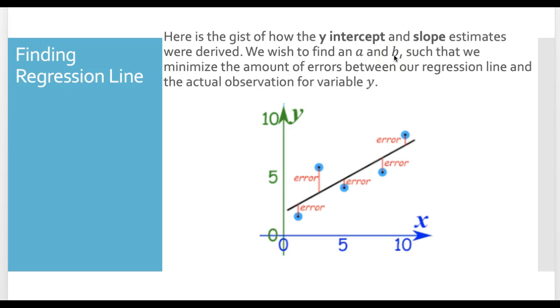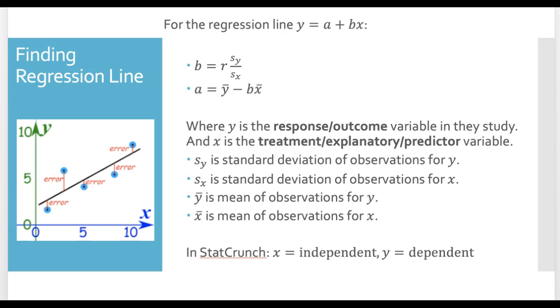But before we do that, we've just been relying on StatCrunch to give us the estimates for y-intercept and slope, without really knowing how it's doing that. Commonly we see these formulas.